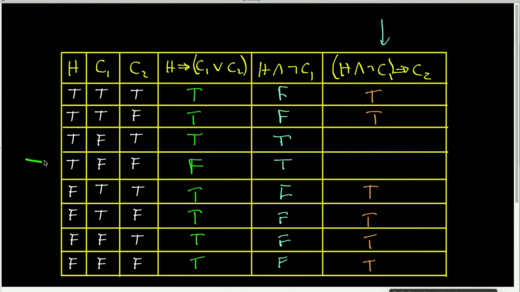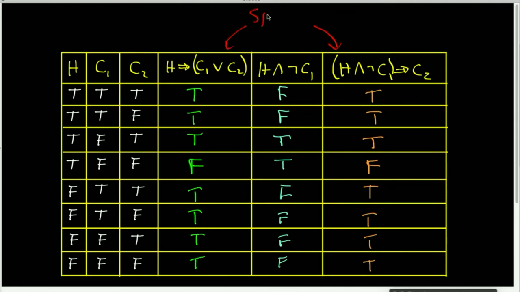Now on this row, our implication is true implies false, and true implies false is false. On this row, our implication is true implies true, and that would be a true value. The final thing that we need to do is to compare these 2 columns.